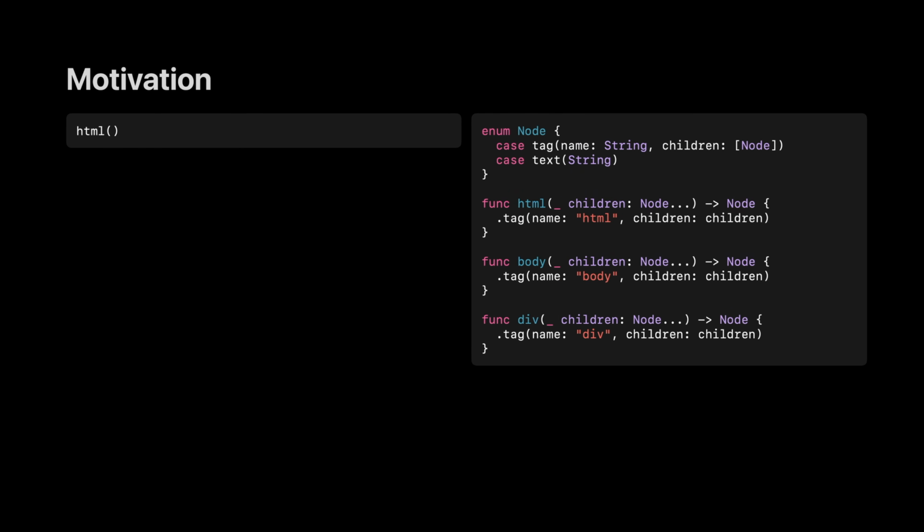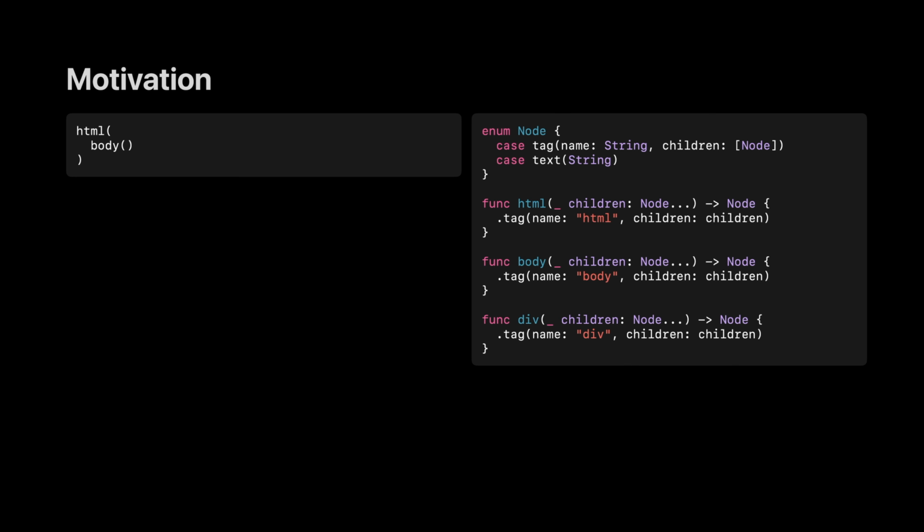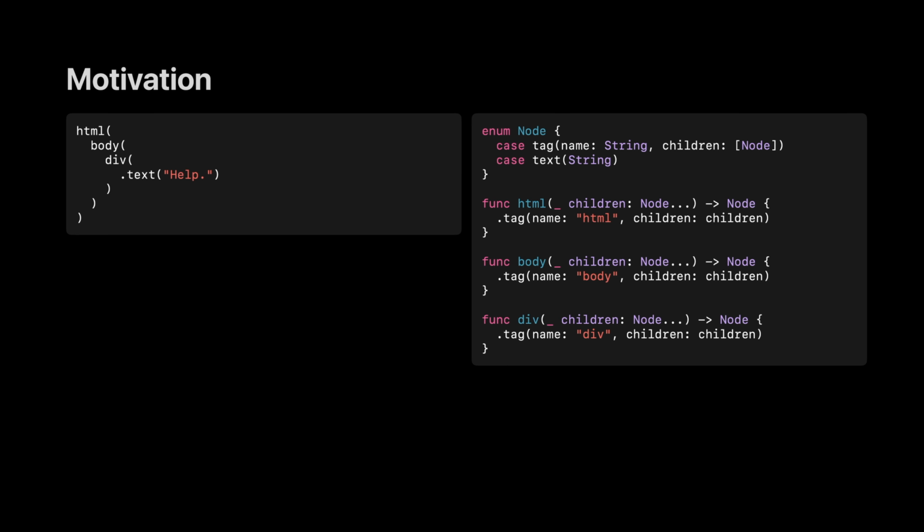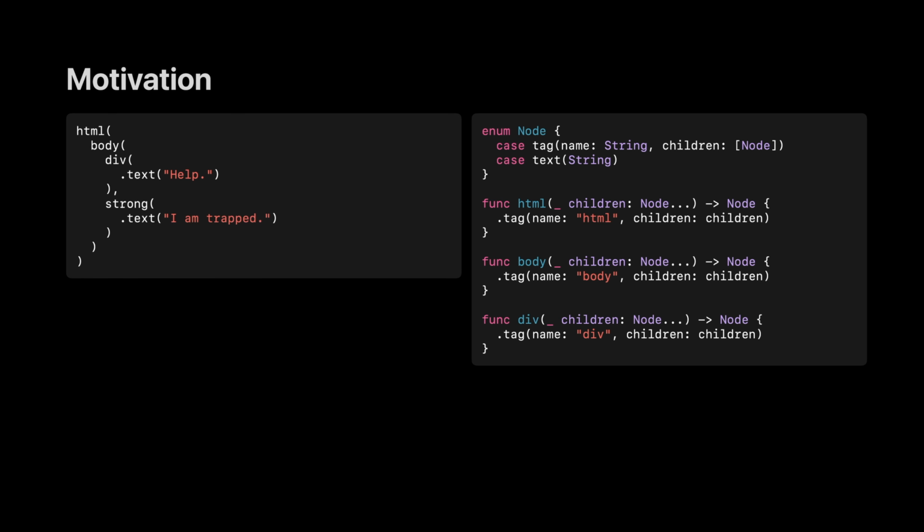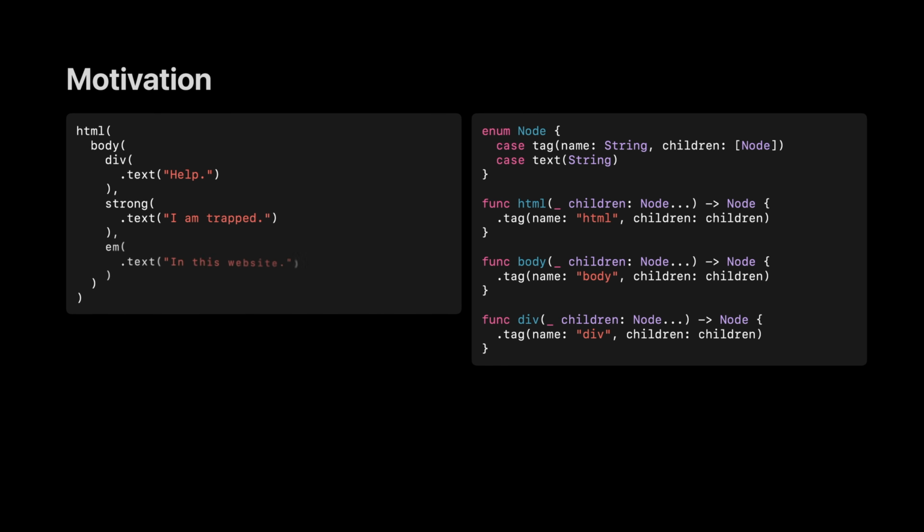And how we might use this is as follows. We'll open an HTML block, put a body inside of there, a div, and then we can put a text in there, and then we can, in that same body, have a strong tag with some more text, and then an emphasis tag. Whatever, we have a website. But there's one problem here. It's that our website, as is all too common these days, has become sentient.